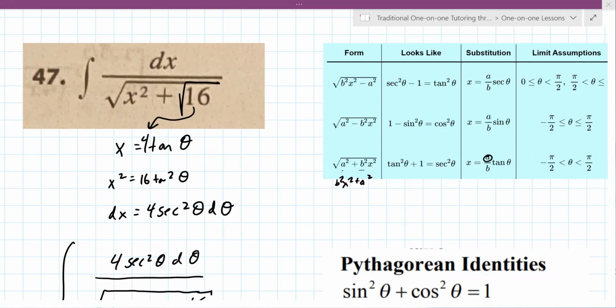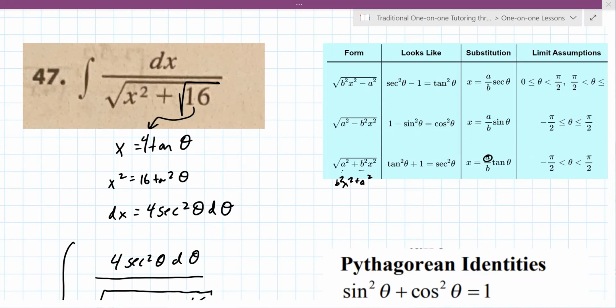Which one do you think would be better to do, number 48, 49, or 52? All right, you said 48.